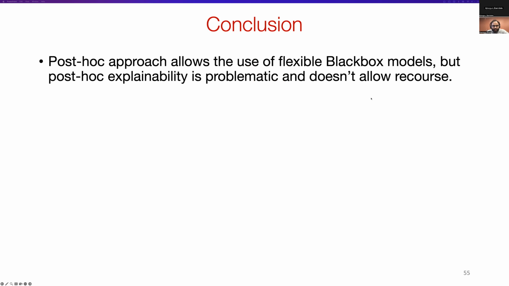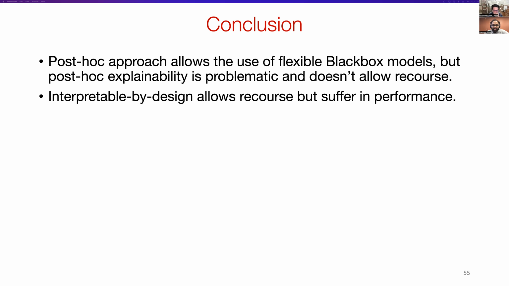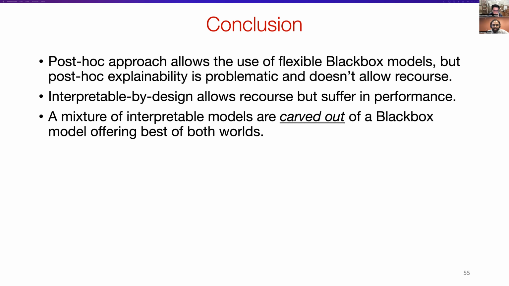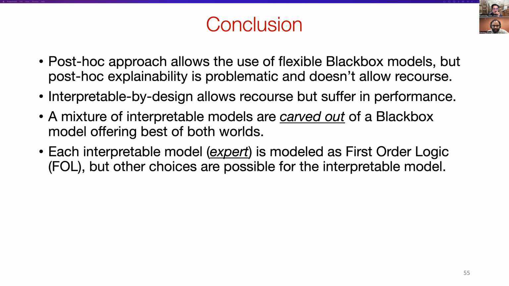So as a conclusion, the post-hoc approach allows the use of flexible black box models, but post-hoc explainability is problematic because it is not faithful and doesn't allow recourse. Interpretable-by-design models allow recourse, but they suffer in performance. Now, in this work, we carve out a mixture of interpretable models from the black box, which offers the best of both worlds.